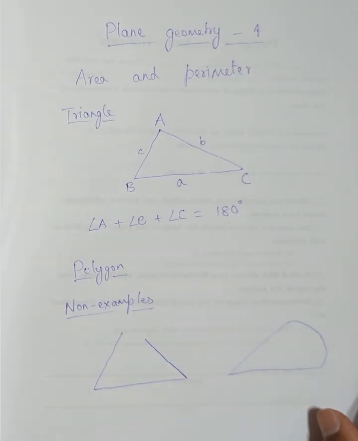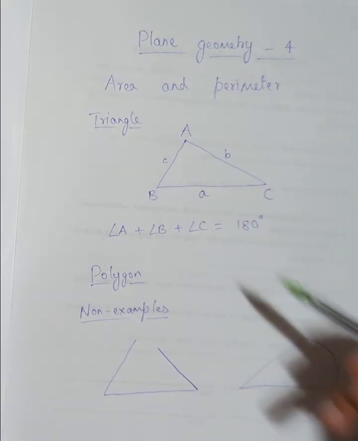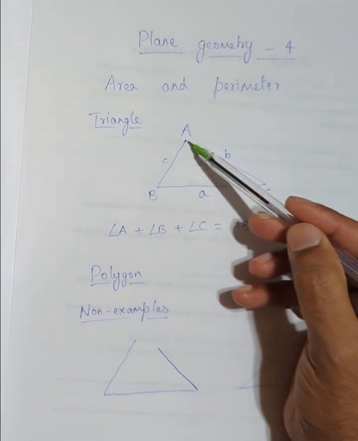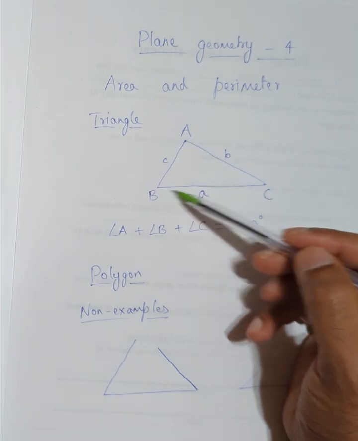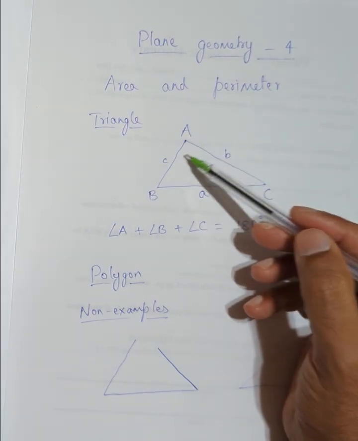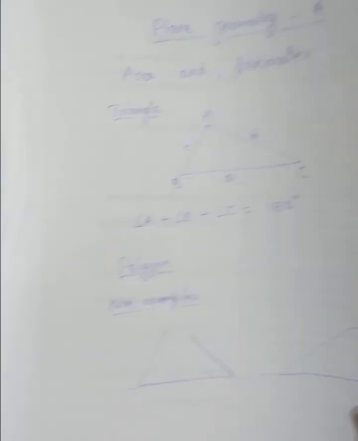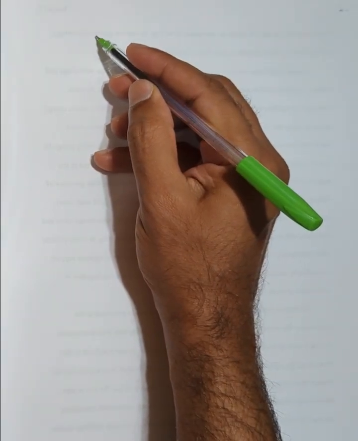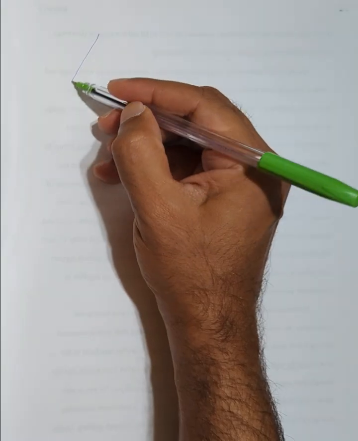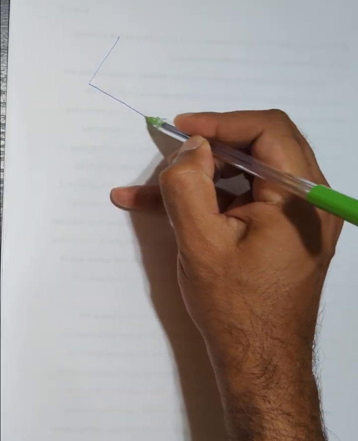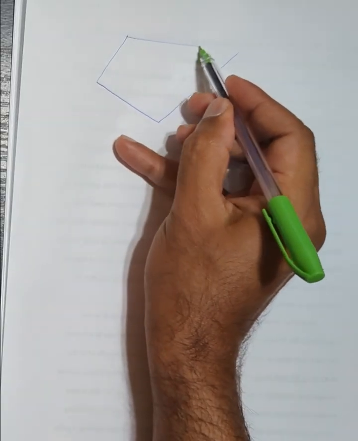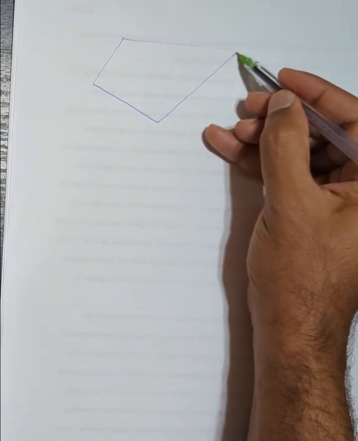Now, triangle is the simplest of all the polygons. It has three sides. Each of the sides is a straight line segment, and also it's closed. Now, if you have not three but four sides, let's try to draw a shape that has four sides, and also make it closed.